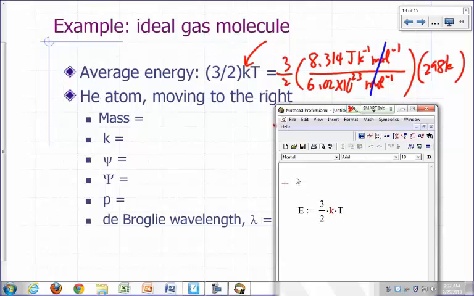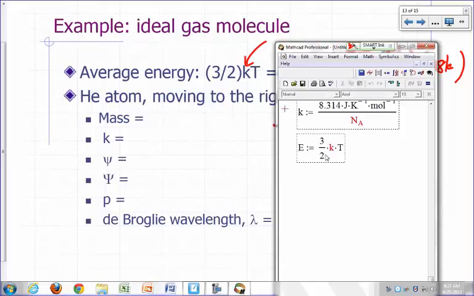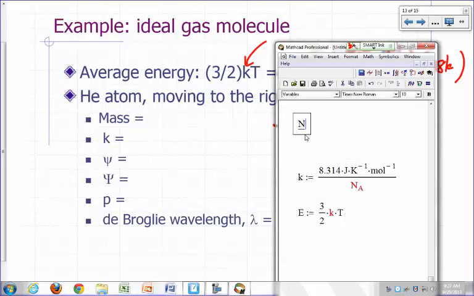So we have to tell it what Boltzmann's constant is. k equals 8.314 joule per Kelvin per mole, divided by Avogadro's number, 6.022 times 10 to the 23rd. Let's just call that n sub A. And Avogadro's number is n sub A equals 6.022 times 10 to the 23rd per mole.